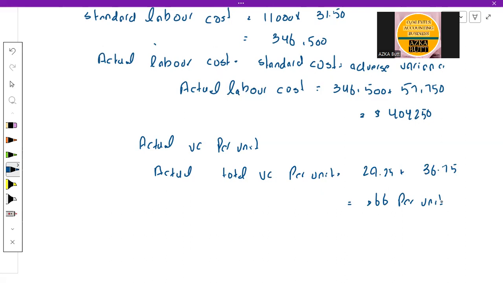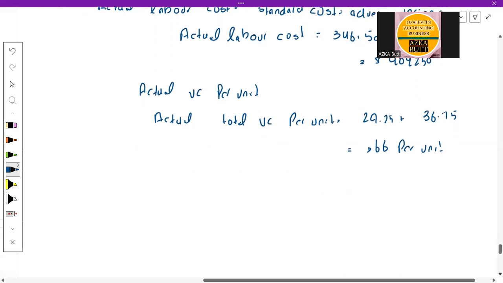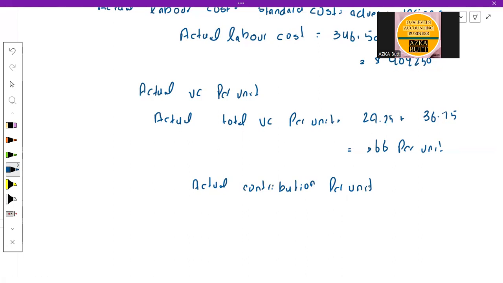Okay, so actual contribution per unit would be... To match the standard total contribution of 162,900, we need to figure out the required contribution per unit.